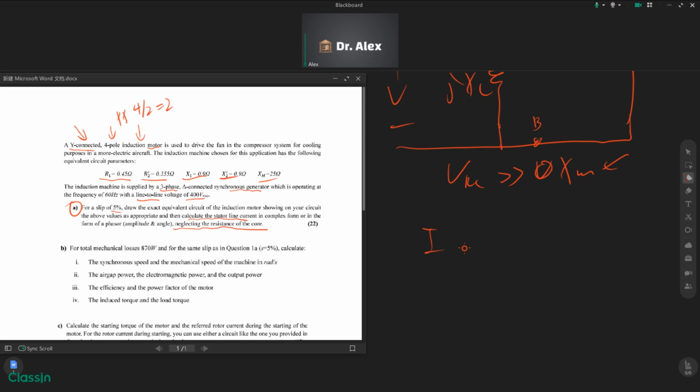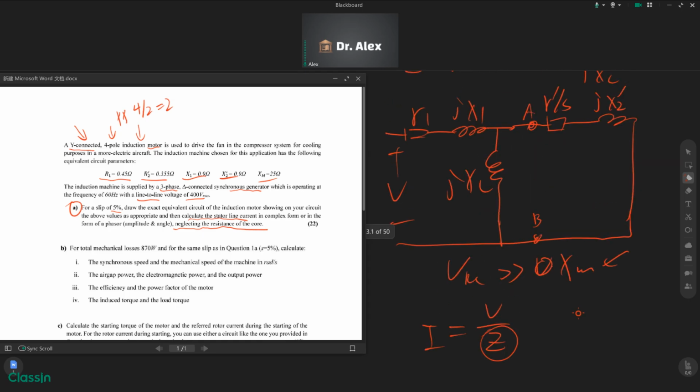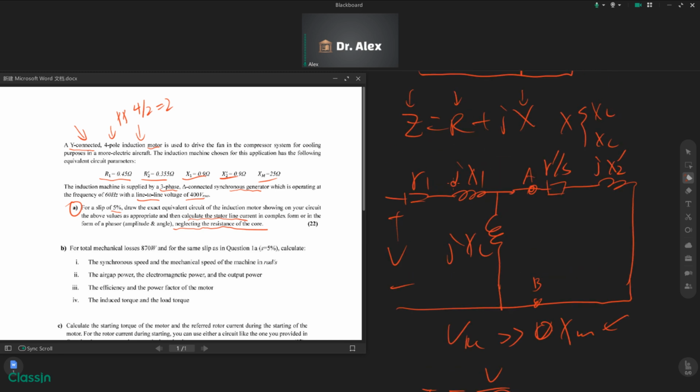So we want to get the current. The first law coming into our mind is Ohm's law, right? It should be V divided by Z, because now we have inductance. So it's not R, it's Z. How can we get the result? So first of all, we should make our equivalent circuit much easier, because this is R1, jX1.